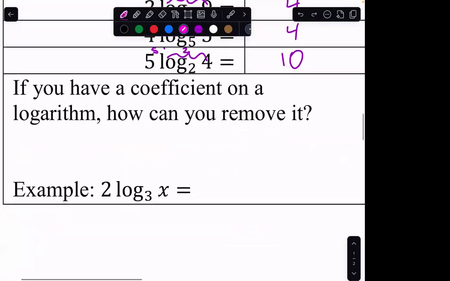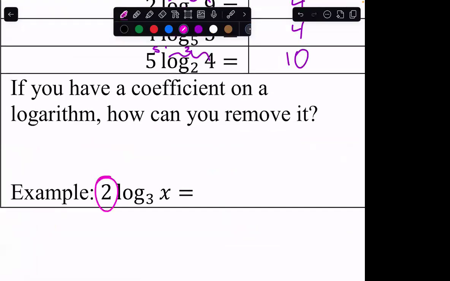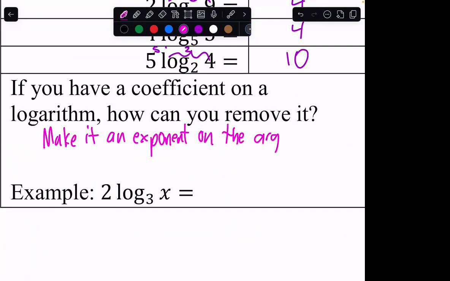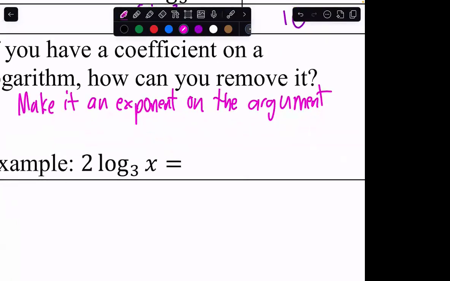So if you have a coefficient, the way you can get rid of a coefficient is you can make it an exponent of the argument. So this 2, you can move onto the x to make it log base 3 of x squared.